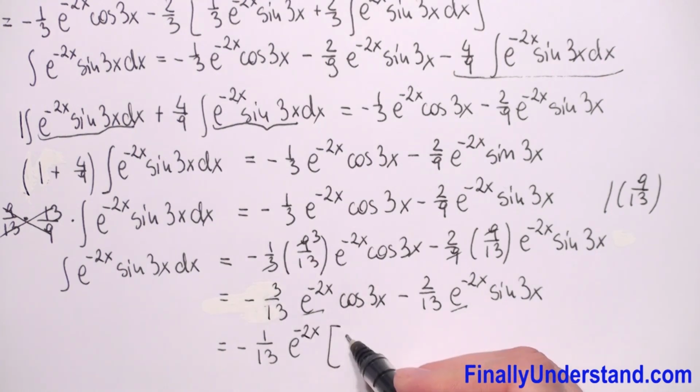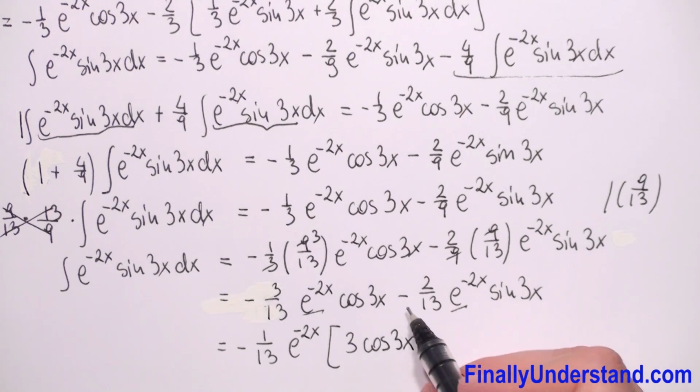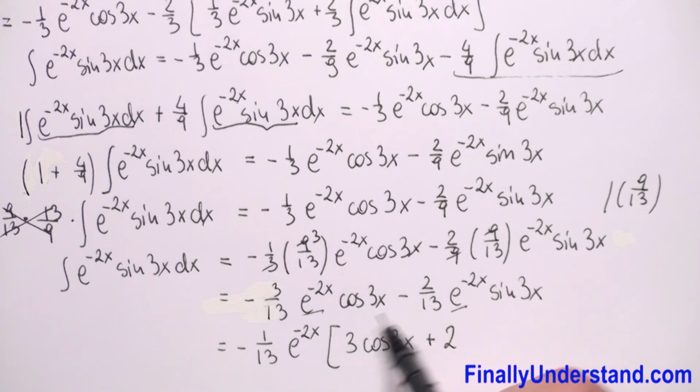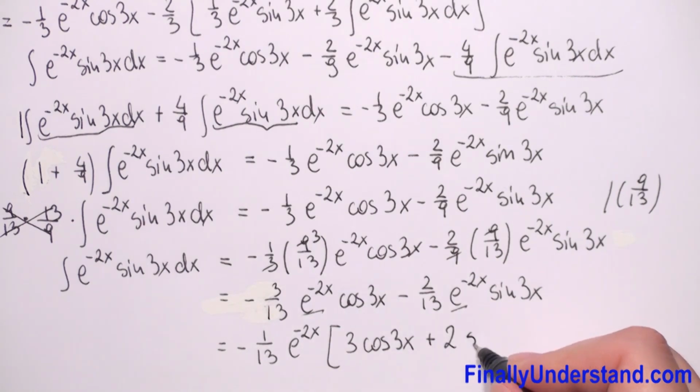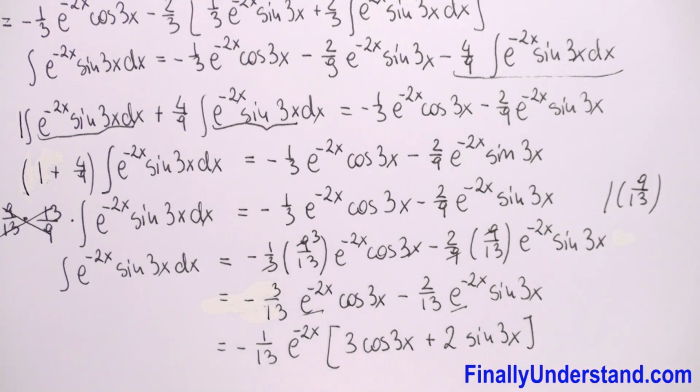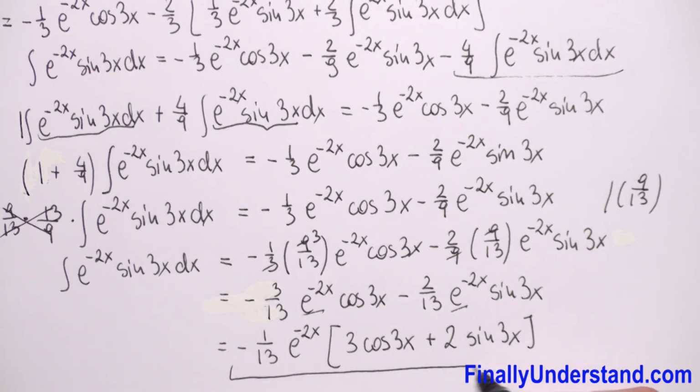We will have 3 cosine 3x. Negative we factorized, so we have plus 2 only, because 1/13 we factorized, sine of 3x. So this is my solution.